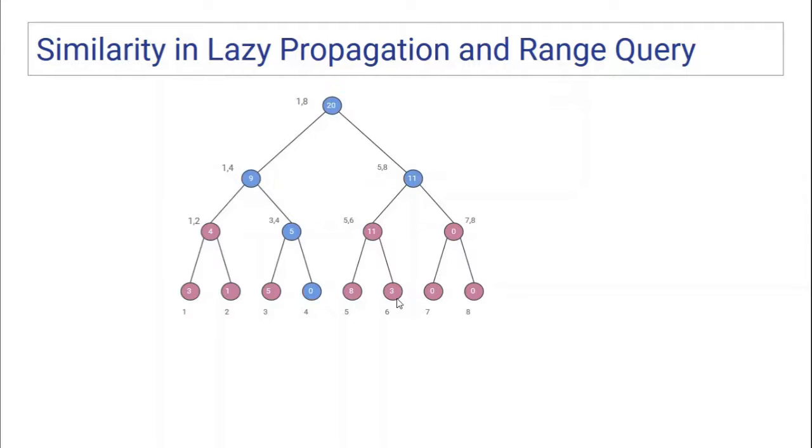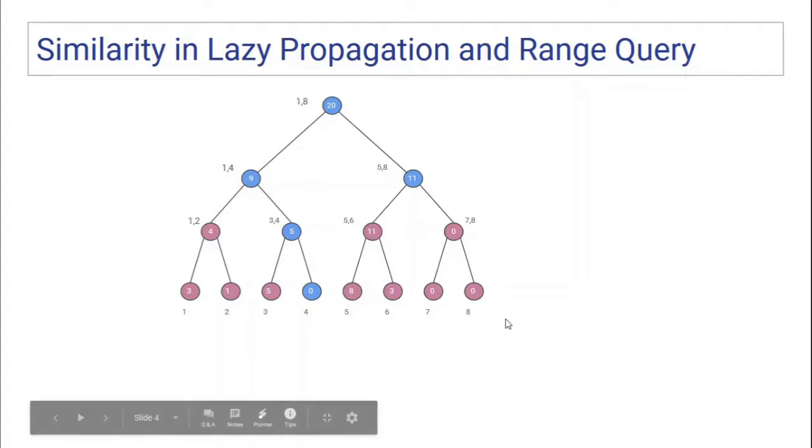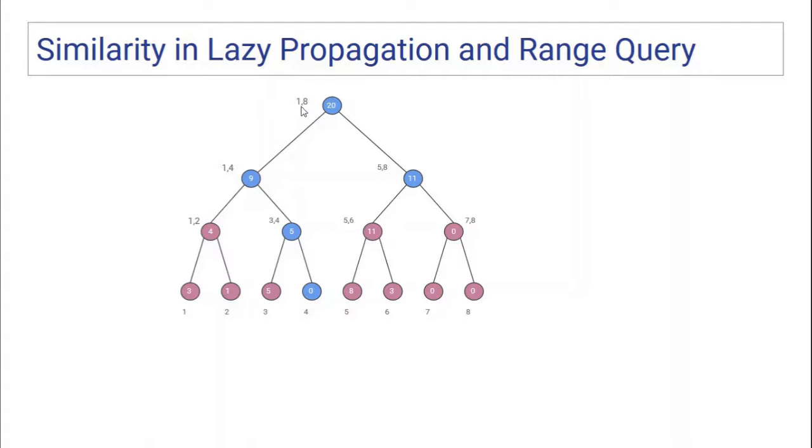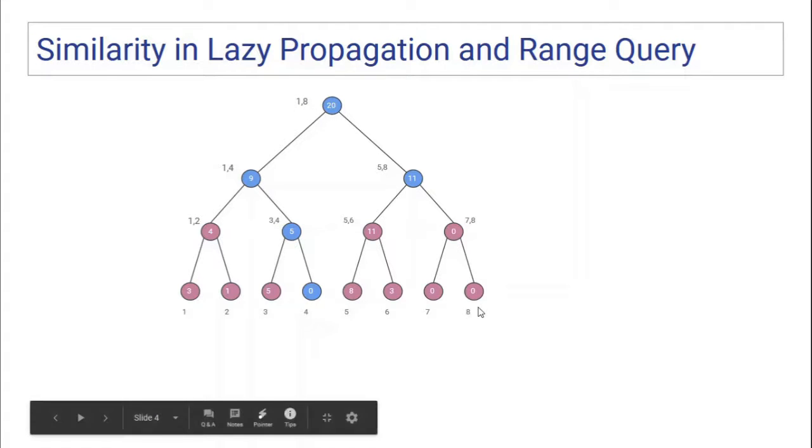What happens when we make a range sum query is this: you reach the first node and you see, okay, the range is 1 to 8, while my query range is 4 to 8. So this range doesn't come completely inside your query range, and there is an overlap between this range and your query range, right?